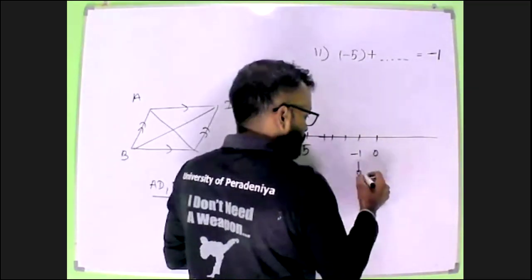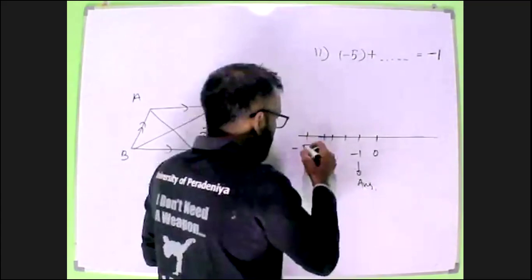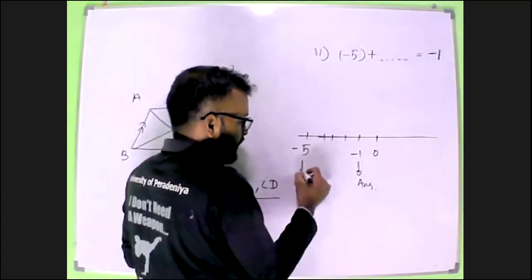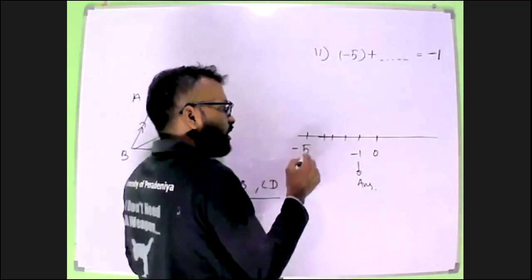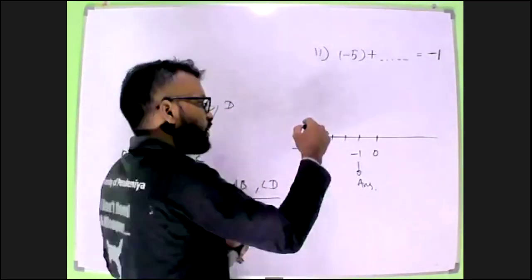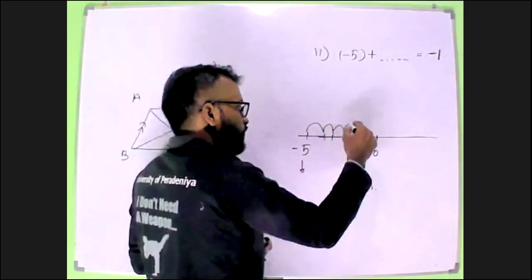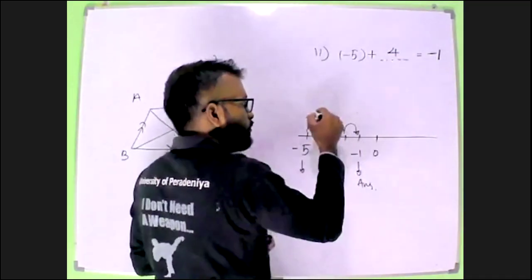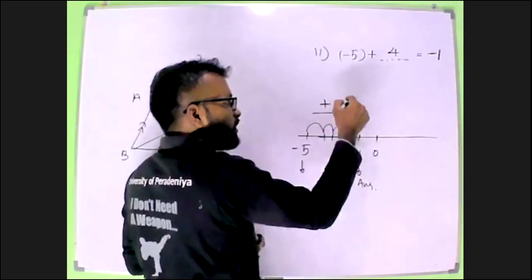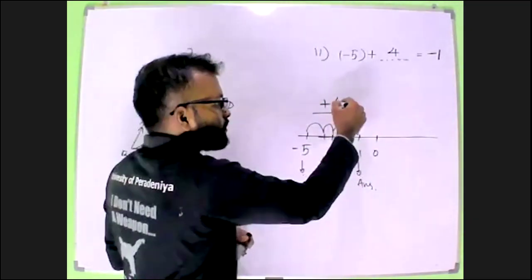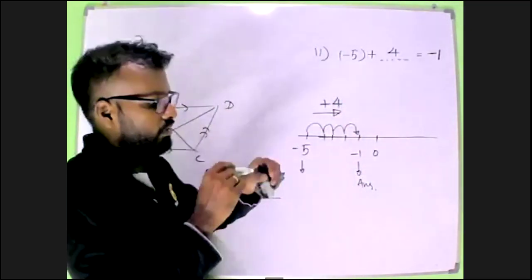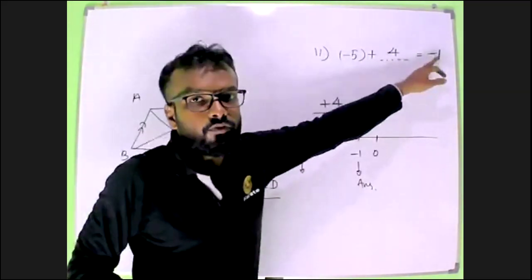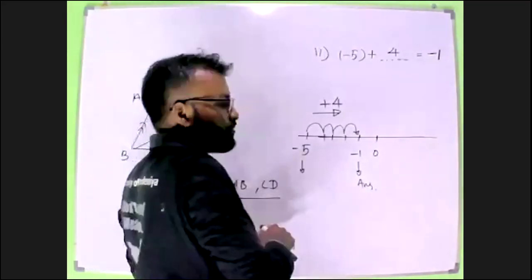So this is your answer, and this is your left hand side number. From here to there, how many times do you need to jump? 1, 2, 3, 4. So you need to add positive 4, because you are jumping to the positive side 4 times. Minus 5 plus 4 will give you minus 1.